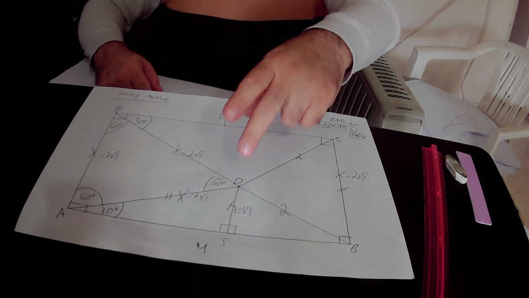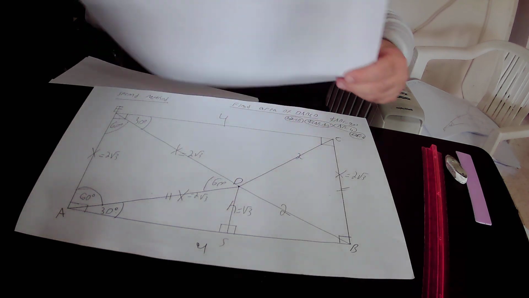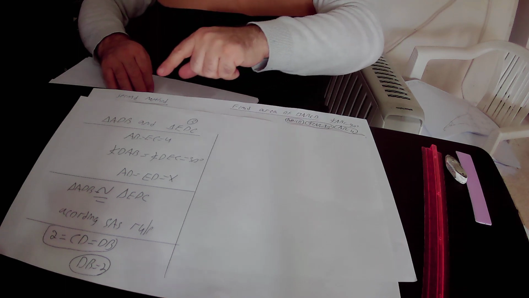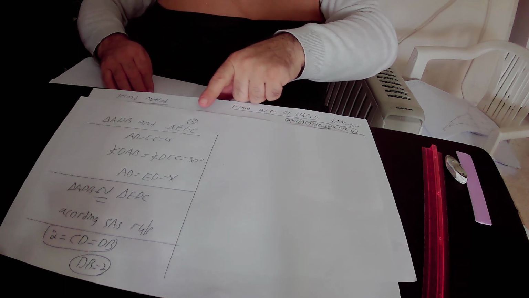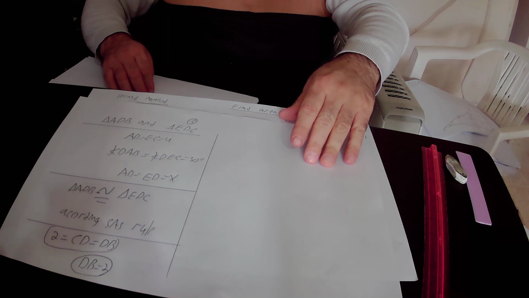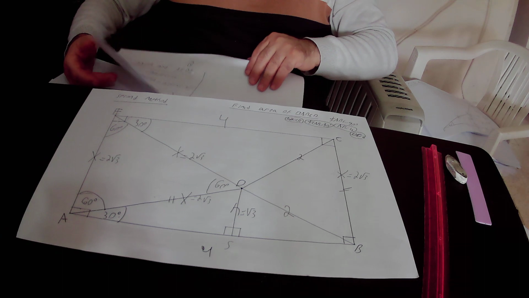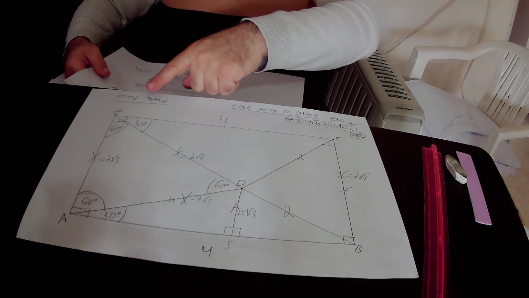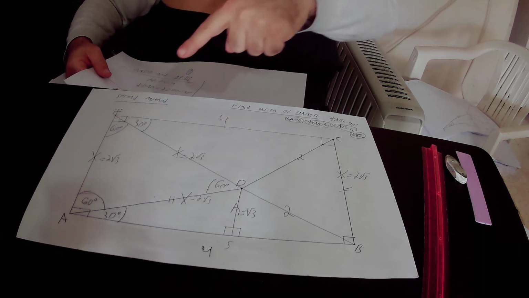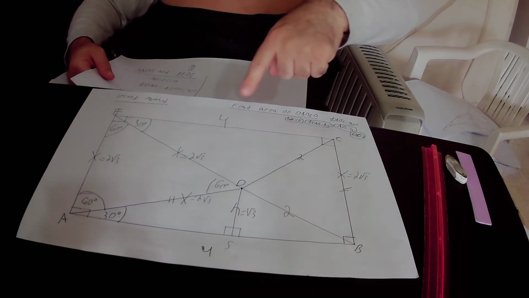Then we prove that those two triangles can coincide with each other. Why can those two triangles coincide? That is to say, triangle ADB and triangle EDC can coincide. Why? First of all, AB equals EC equals 4 units.